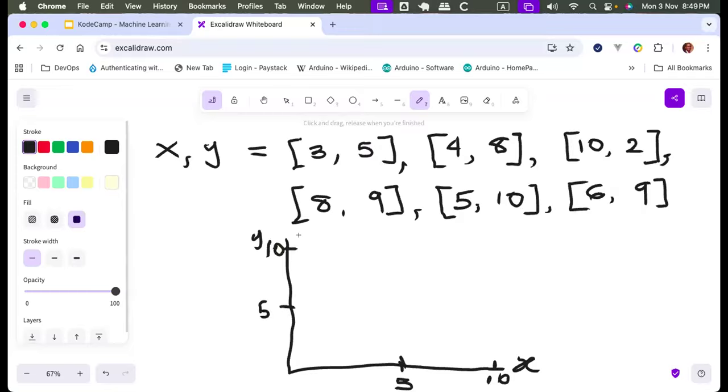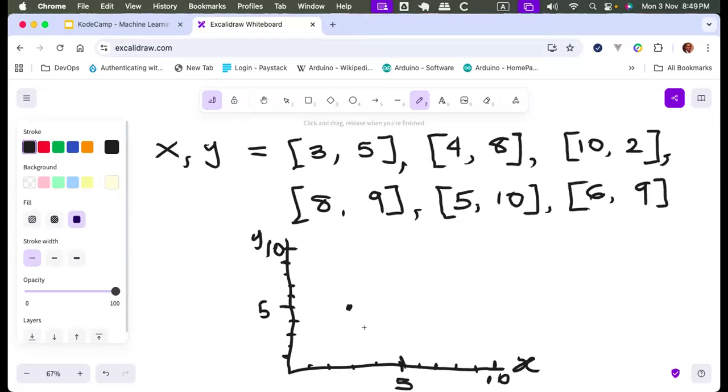Now I want to plot. So the first point, 3 and 5, is here.